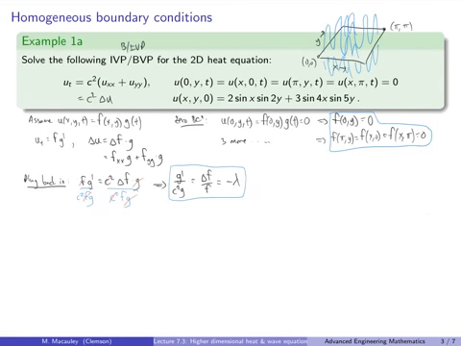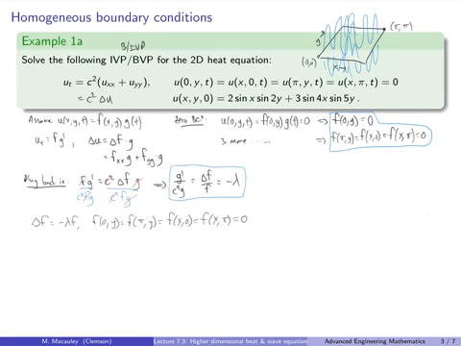From this, we get two ODEs. I'm going to write these down here like I've been doing. So we get the Laplacian of f equals negative lambda f, and we have these four boundary conditions on f: f of 0, y equals f of pi, y equals f of x, 0 equals f of x, pi equals 0.